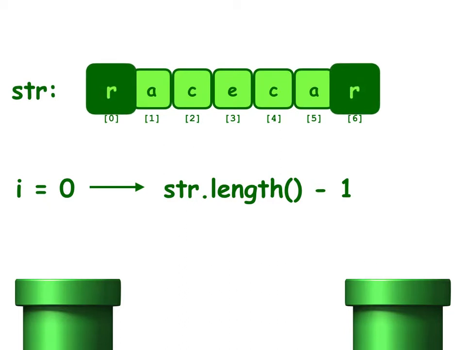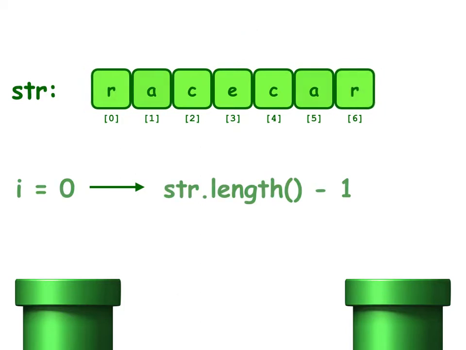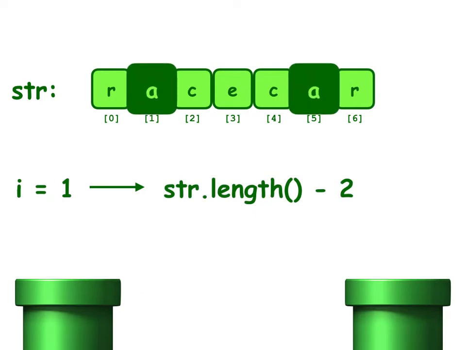All right, so let's do that. 0 and 6 both have the letter R, so this checks off. Next, we want to increment the i value, and also move from str.length minus 1 to str.length minus 2, and compare the two characters there. Once again, it checks off. They are the same.